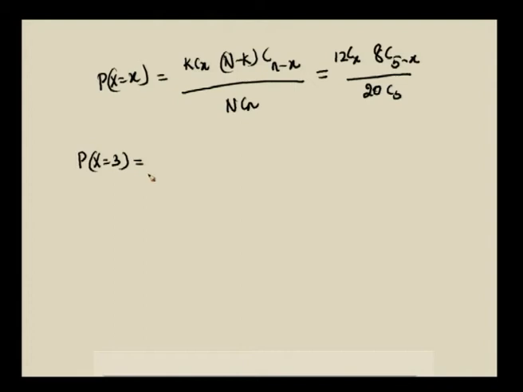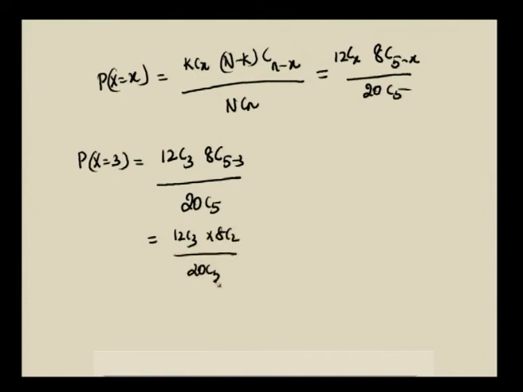P of x is equal to 3 means it is 12 C 3, 8 C 5 minus 3, by 20 C 5. So, 12 C 3 into 8 C 2 by 20 C 5. By usual simplification with your calculator, this gives you the answer 0.397.